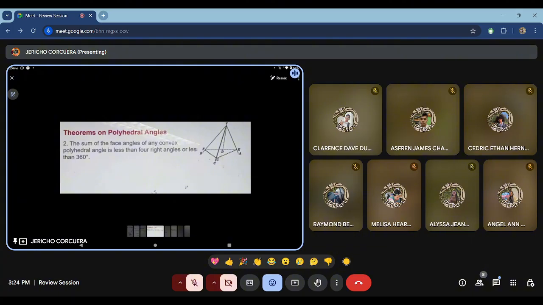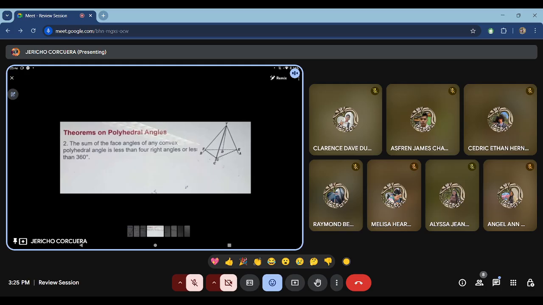Four 90-degree angles, or 4 right angles, is equal to 360 degrees. So the sum of the face angles of any convex polyhedral angle is less than 4 right angles, or less than 360 degrees.